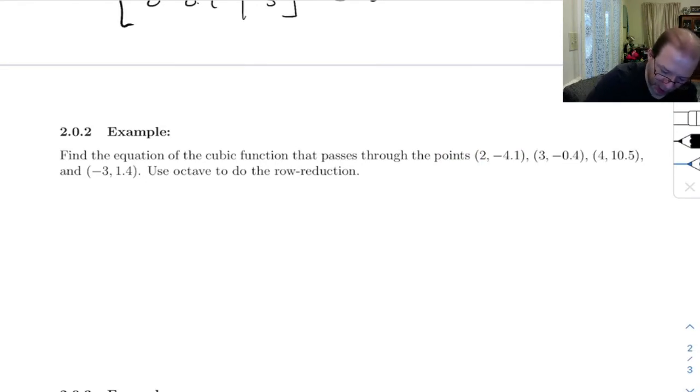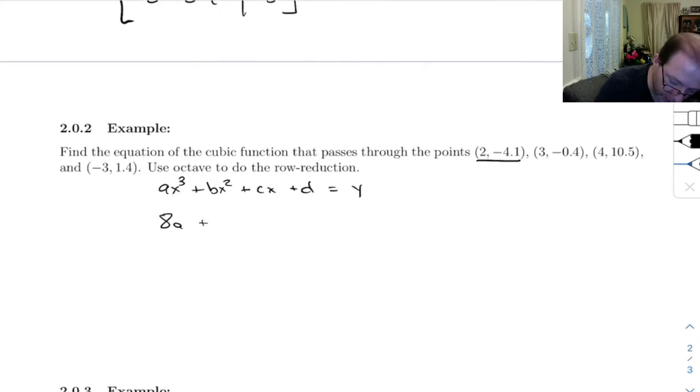The system that we're going to have for each one of these points will have ax cubed plus bx squared plus cx plus d equals y. So for 2, this is going to be 8a, 2 cubed, plus 4b plus 2c plus d equals negative 4.1.